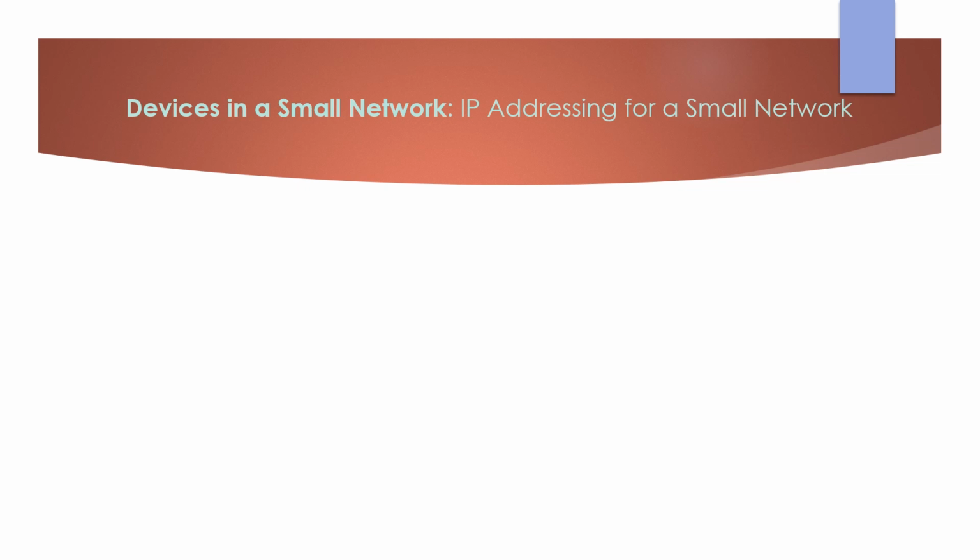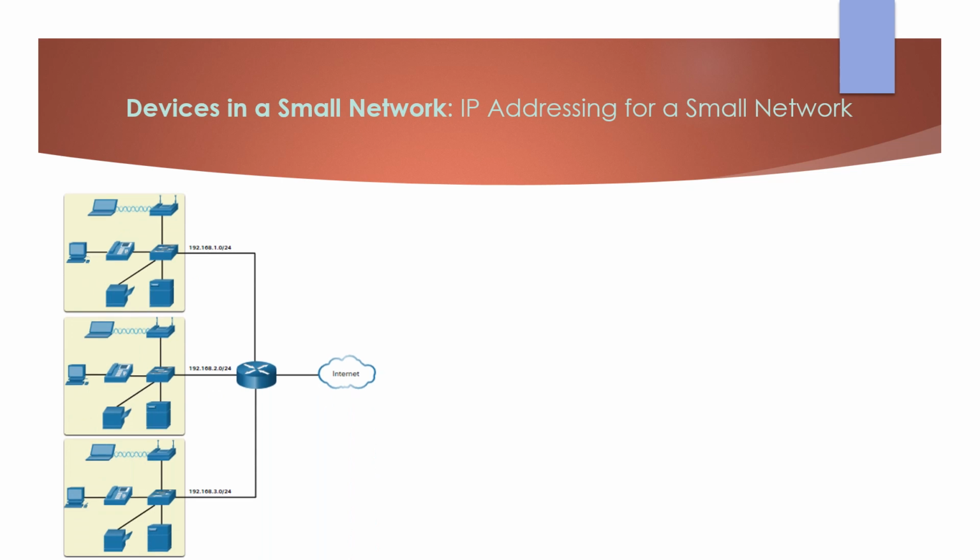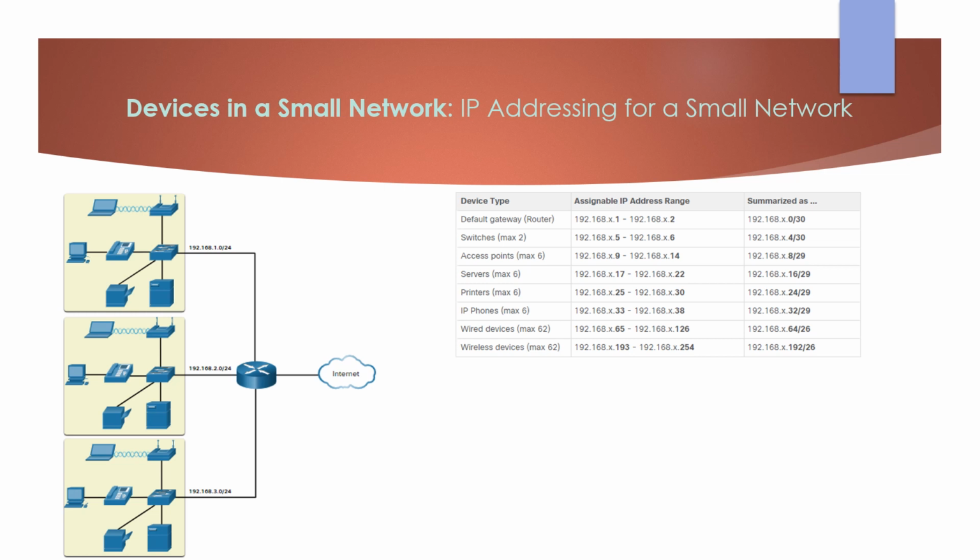Here in the slide, we will refer to the topology of a small to medium-sized organization. This organization will require 3 user LANs, as you can see, and has decided to implement a consistent IP addressing scheme for each of those LANs following this plan.